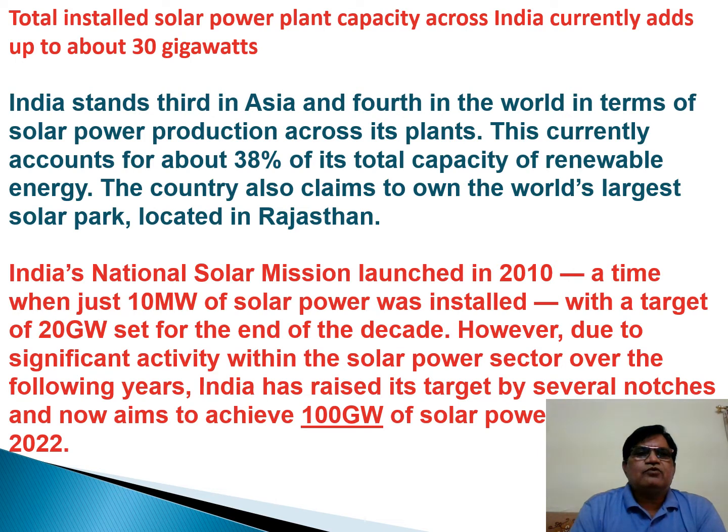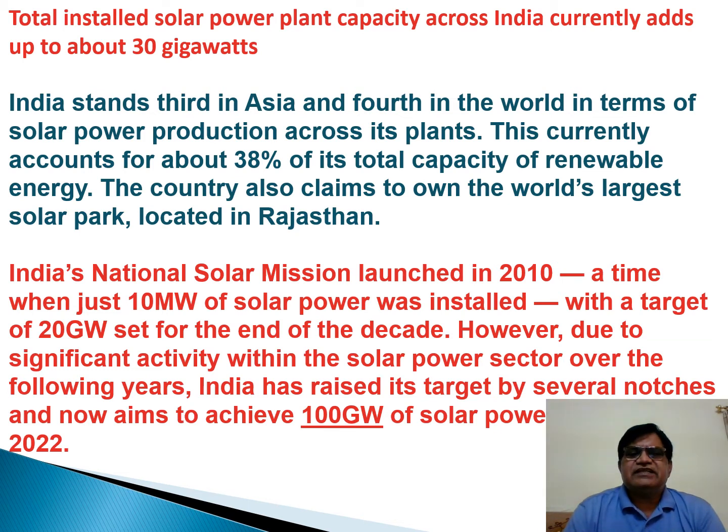Now we come to the installed power, especially in India. First we will talk about the Indian scenario. The total installed solar power plant capacity is around 30 gigawatts.